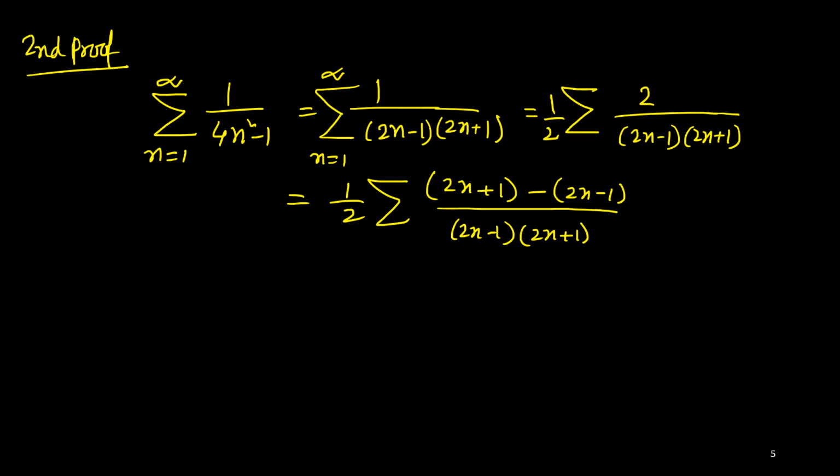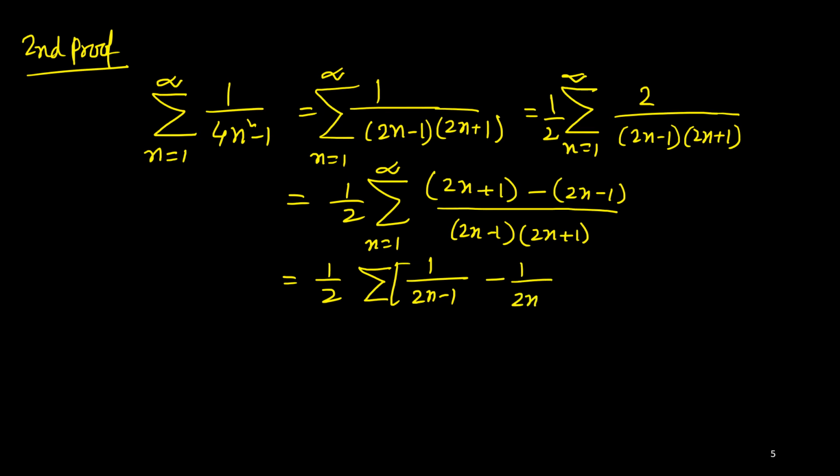Here n equals again 1 to infinity. So actually we are using partial fraction. So this will give you half, and this summation 1 upon 2n minus 1 minus 1 upon 2n plus 1.